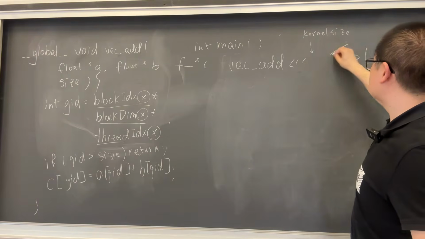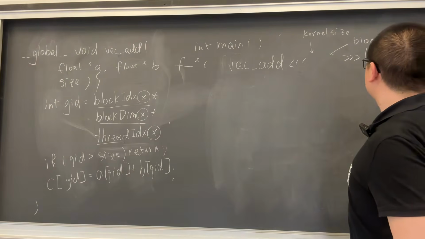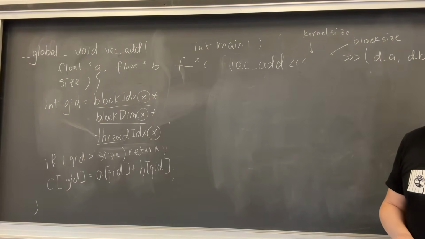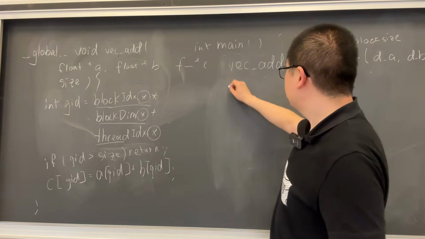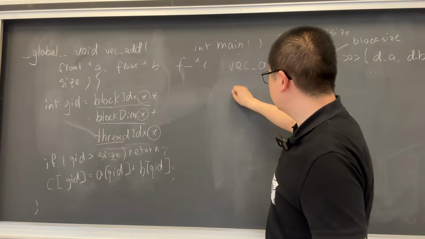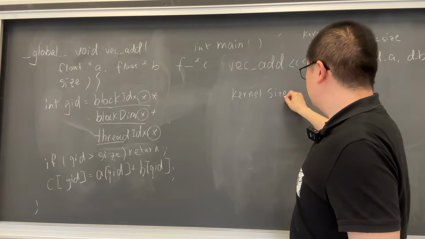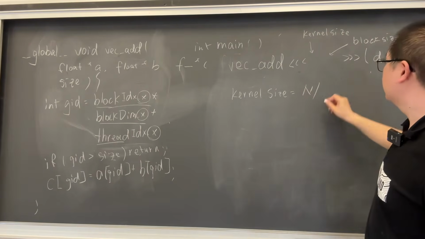Then the second one is block size. And kernel size is in terms of how many blocks there are. So roughly speaking, kernel size equals n divided by block size.